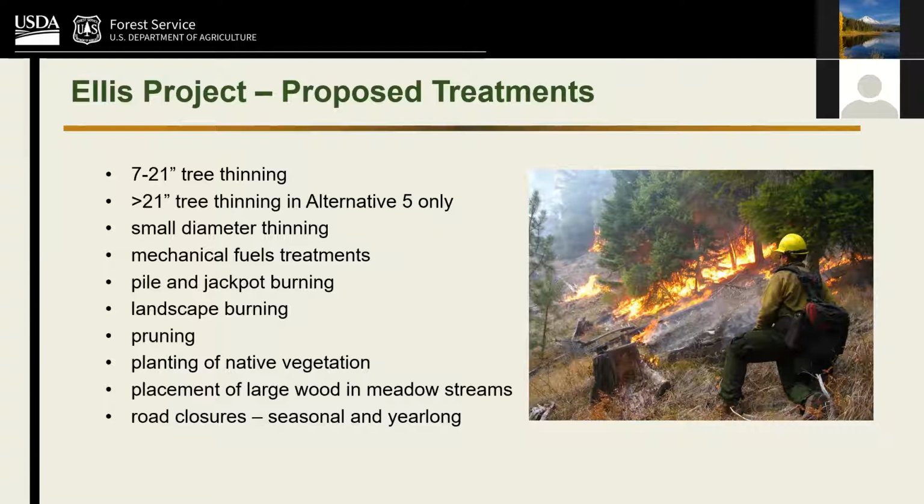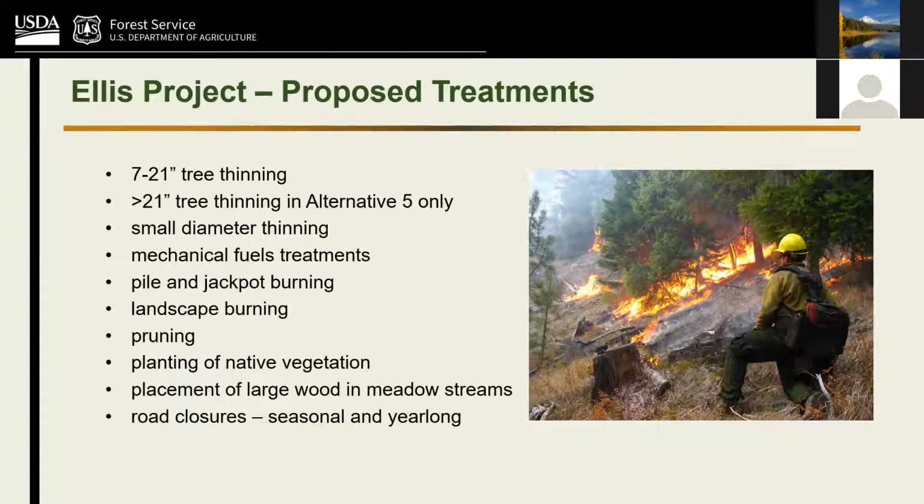Small diameter thinning, so any trees below 9 inches is considered small diameter for this project. Mechanical fuels treatments, pile and jackpot burning, and landscape or broadcast burning are proposed.